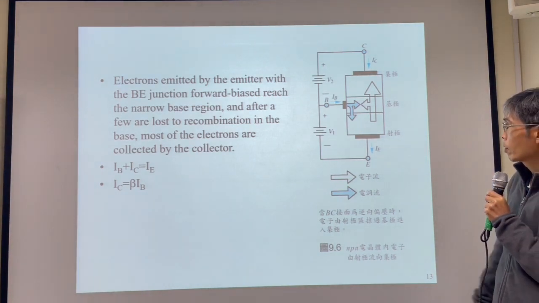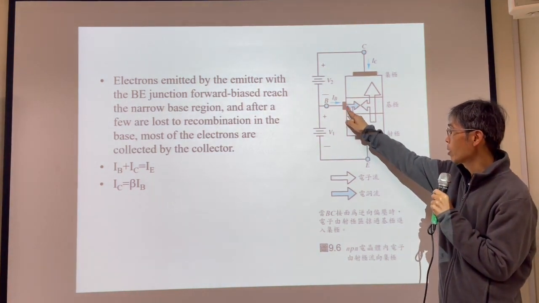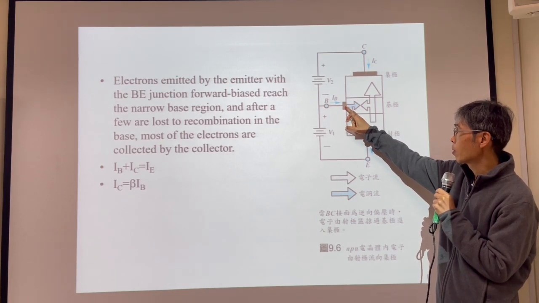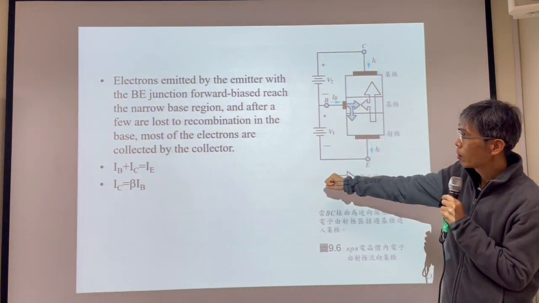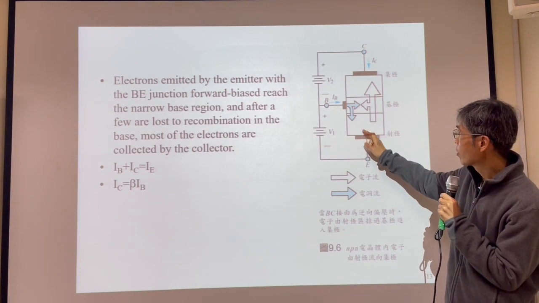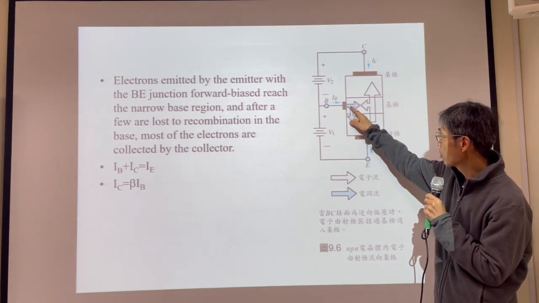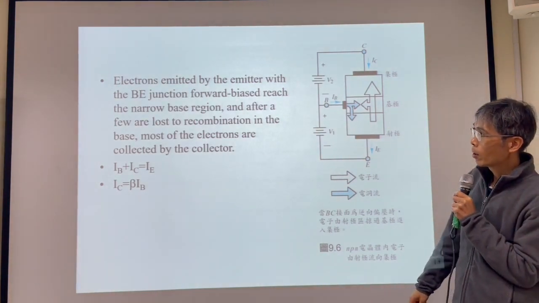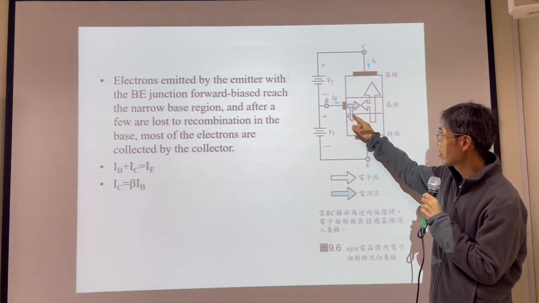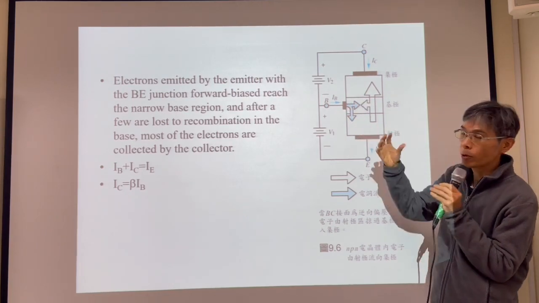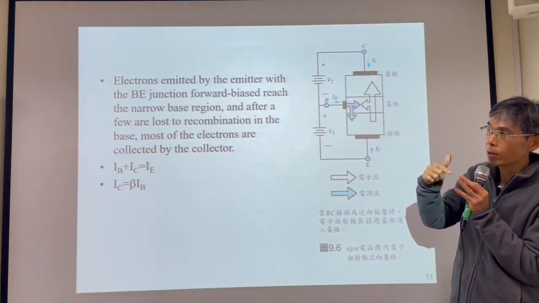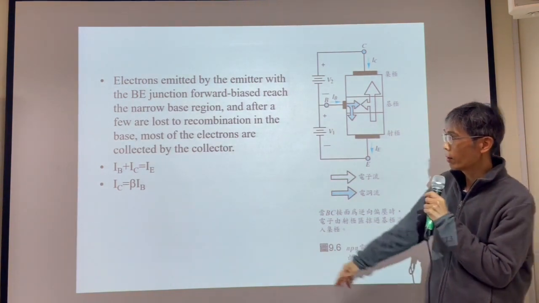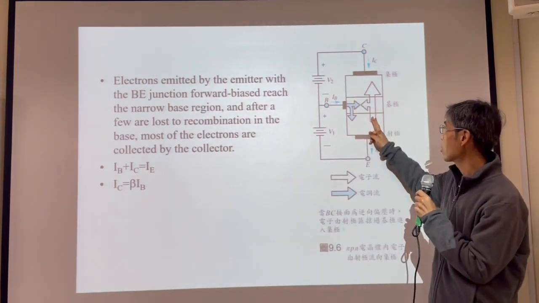Okay. So remember, this is positive. This is negative. So electrons emitted by the emitter go this way, go to positive. Some of them recombine, meaning positive charge and negative charge combine with each other. But most of them keep going.